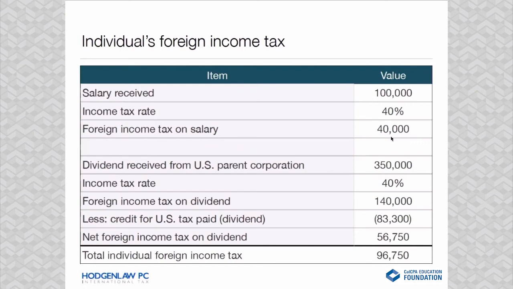This is showing you the effect of the foreign tax credit allowable on the foreign individual income tax return, where that foreign country, Canada, Spain, whatever, is allowing a foreign tax credit, foreign under their laws, for the US tax paid on the dividend income. So that's how it's showing that you're not going to have a double taxation on the dividend income. Otherwise, everything is exactly the same as before.